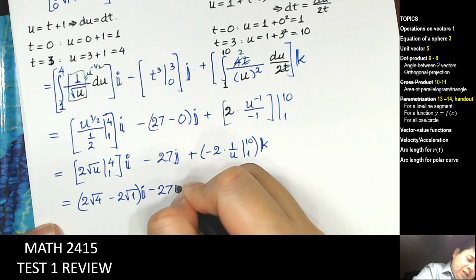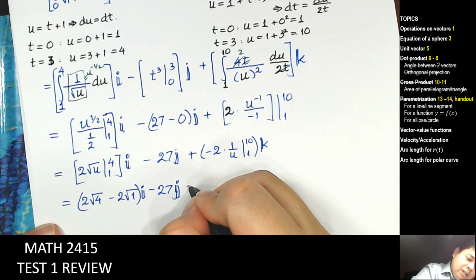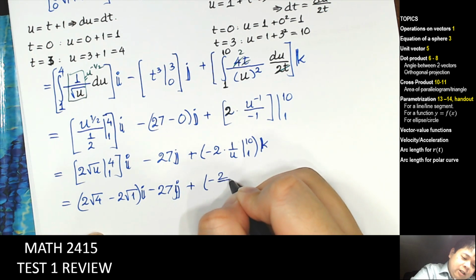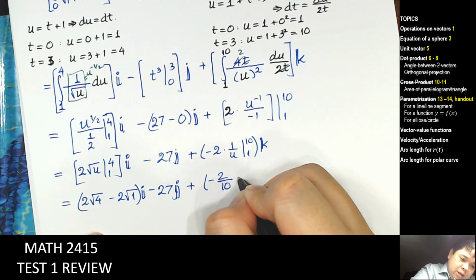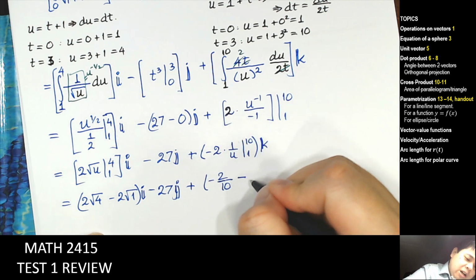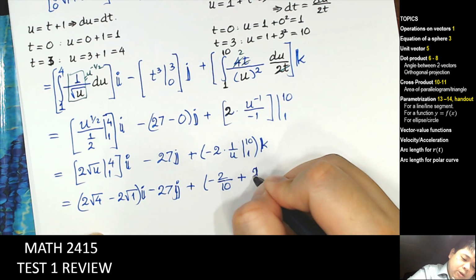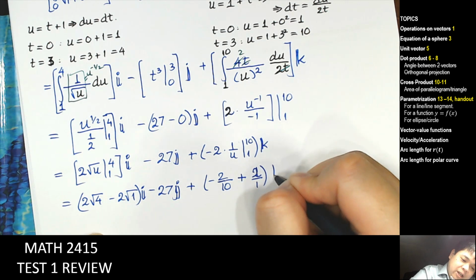i, j, and that is negative 2 over 10 minus a negative 2 over 1, k.